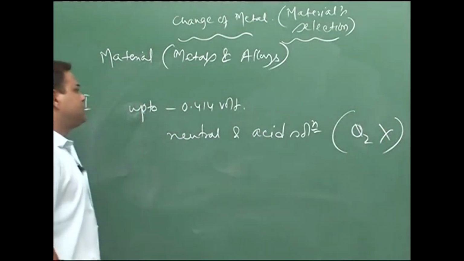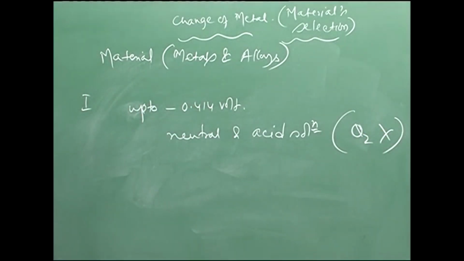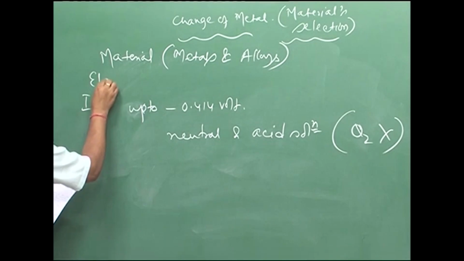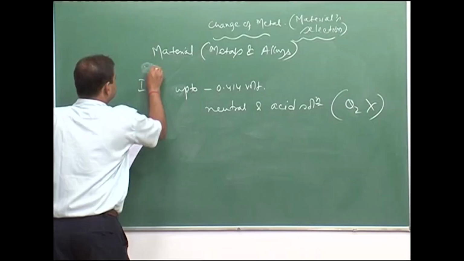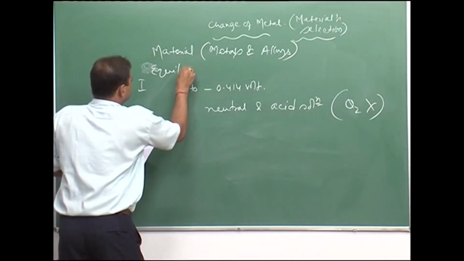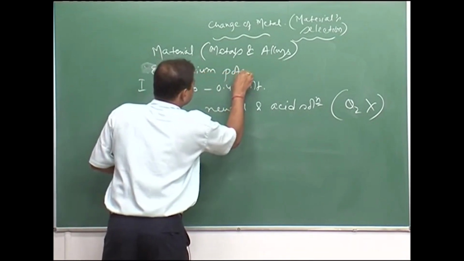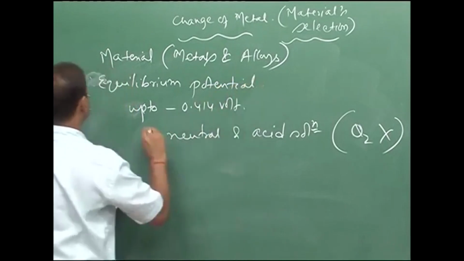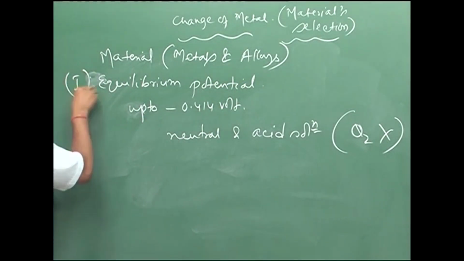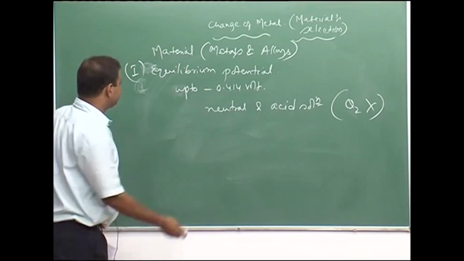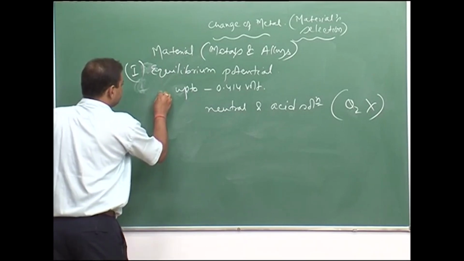Without the presence of oxygen we can experience corrosion. This is basically the electrochemical equilibrium potential, which can tell you what would be the corrosion behavior of that particular material. If we know the equilibrium potential, this is a general guideline. So, this is one.